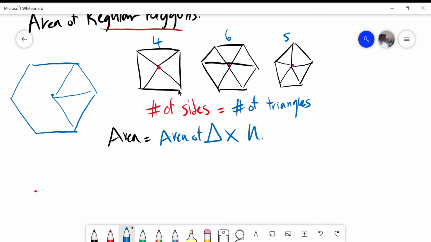And we know that the area of a triangle is base times height. So here we would have the base, and this right here would be the height, right? Now, what specifically are we talking about here? Okay, so first we need to establish some terminology.